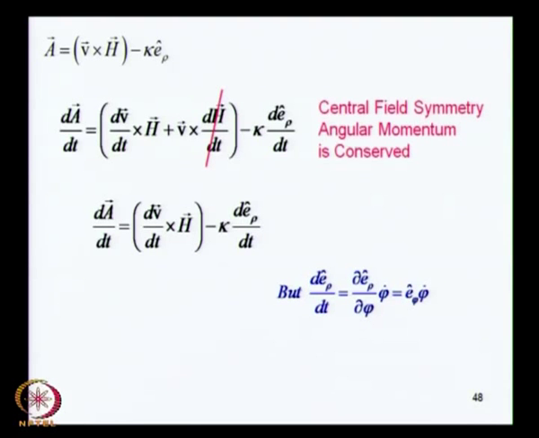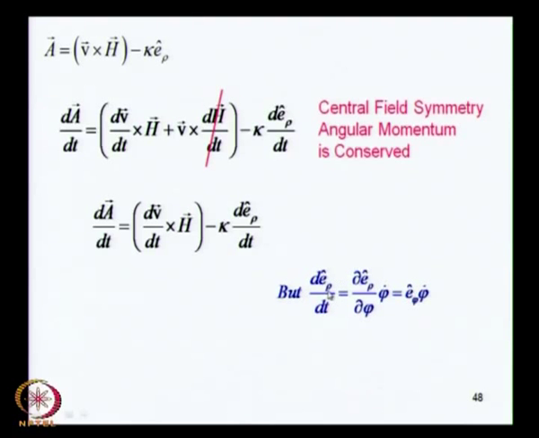Now, the time derivative of the angular momentum of course vanishes, because angular momentum is conserved in the central field. So, dh by dt will go to 0, and now you are left with these two terms, dv by dt cross h minus kappa times d by dt of e rho. But this we know from our knowledge of the plane polar coordinate systems. We had done this in unit 3, that the time derivative of the unit vector e rho is equal to phi dot times e phi.